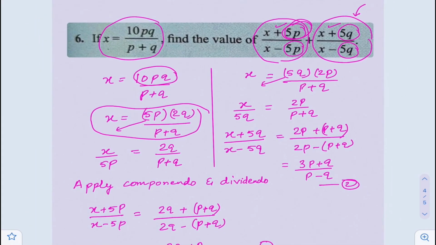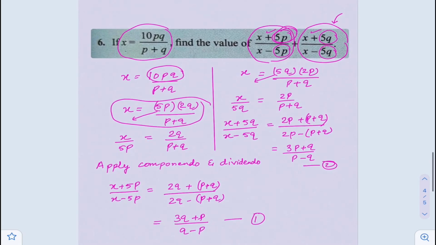Now see carefully that we have the value of the first part of the question and the second part of the question.